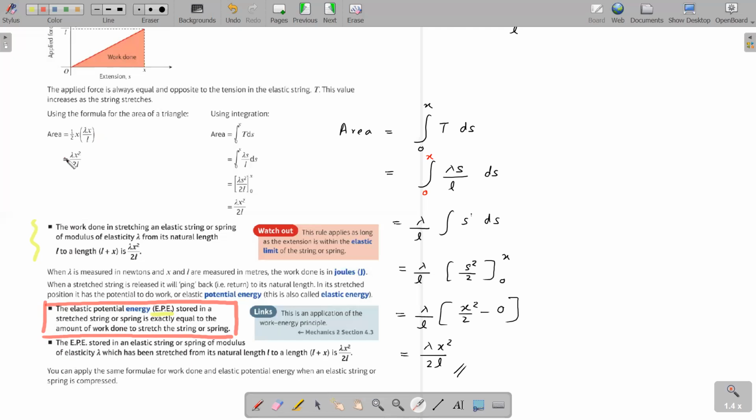So EPE stored in an elastic string or spring of modulus of elasticity lambda, which has been stretched from its natural length L to a length L plus x, is lambda x square over 2L. So the work done equation that you got is equal to the elastic potential energy.